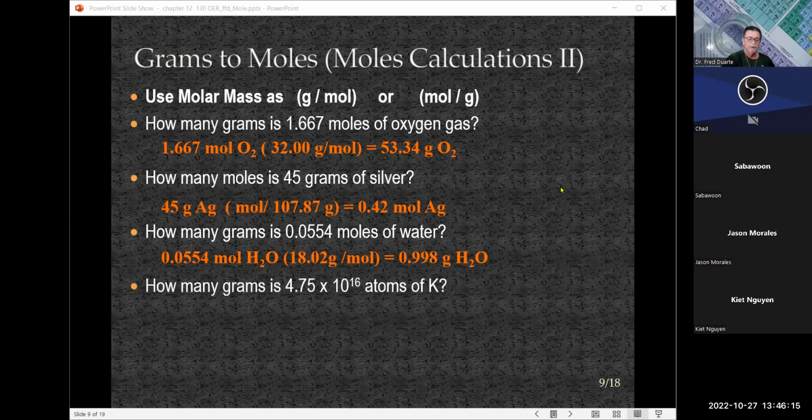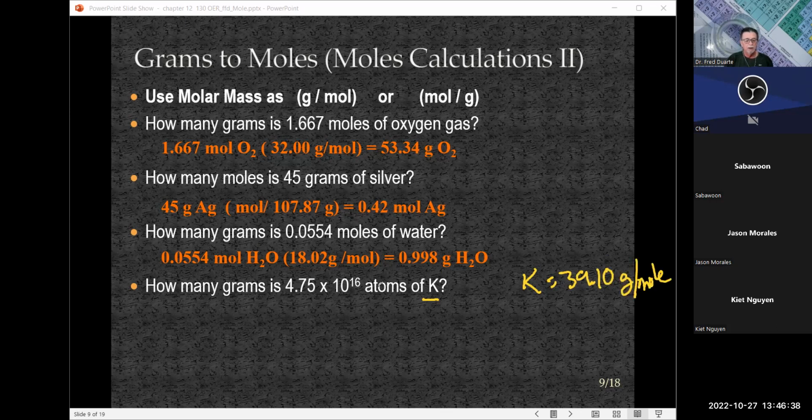All right, so here we have a couple of things that we need to look at for the problem. We're looking at potassium, so we want to figure out the atomic mass of potassium. For potassium, it is 39.10 grams per mole.